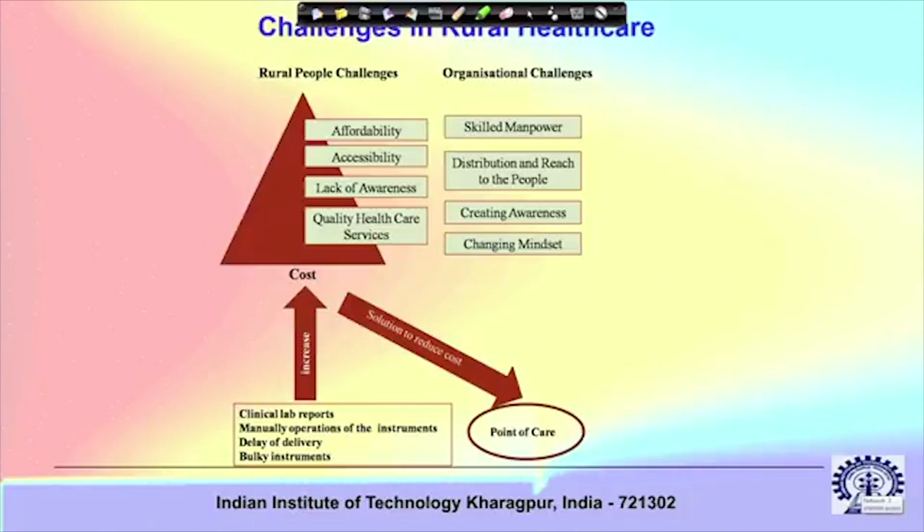So, first is affordability, second is accessibility, third is even lack of awareness, which is itself a big thing in resource limited settings, and quality of healthcare services. So, these are challenges mainly related to the rural scenario, and eventually all these aspects result in an increase in cost.